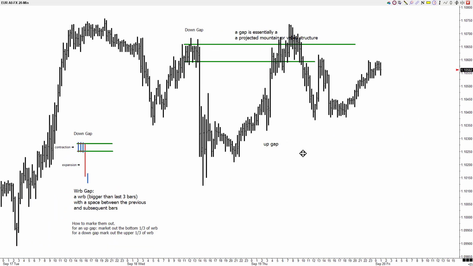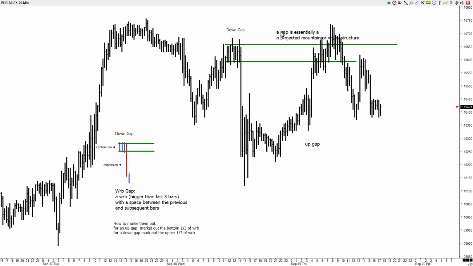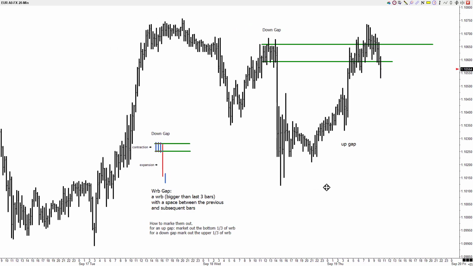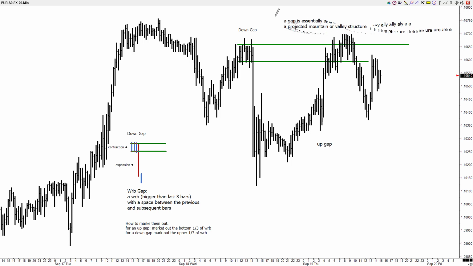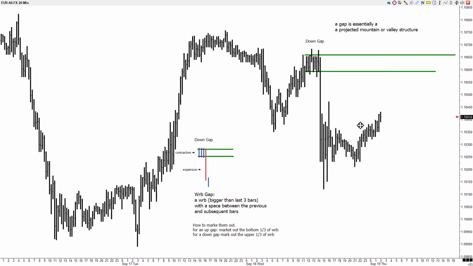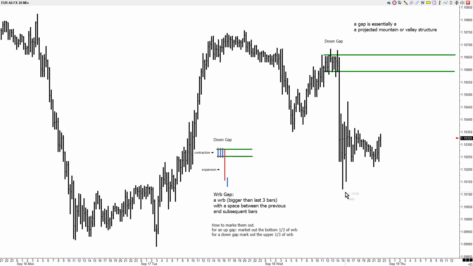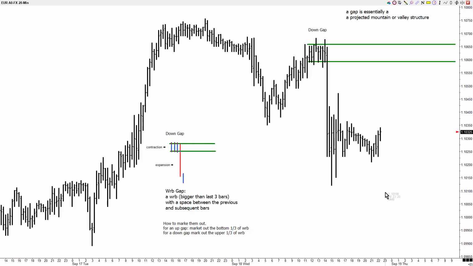And so let me just add something in here about it being a projected mountain or valley structure. Let me just add a little piece to this. So at this point of the gap, it is literally projecting. It doesn't have to, but it's projecting a mountain or valley in the same way a median line projects to complete the swing cycle.